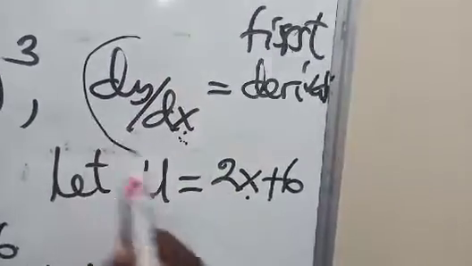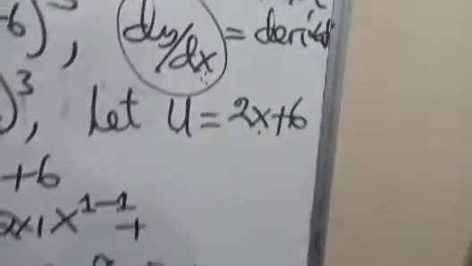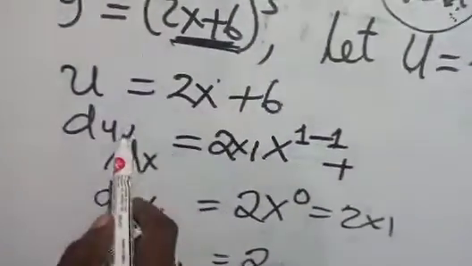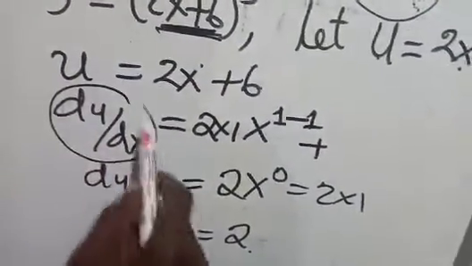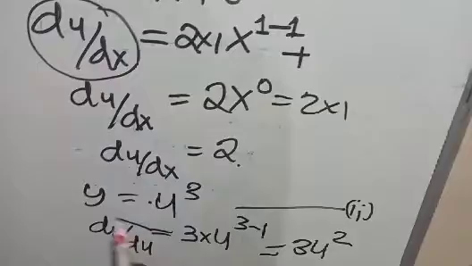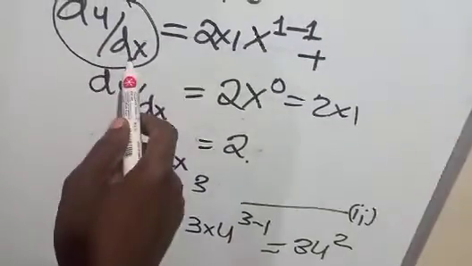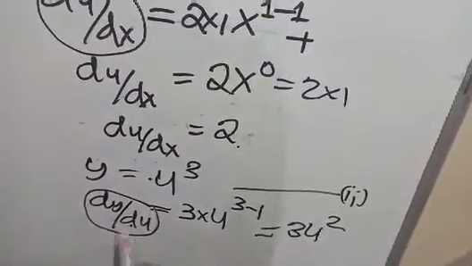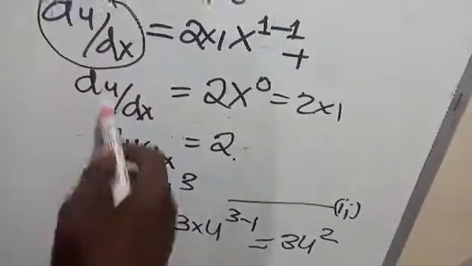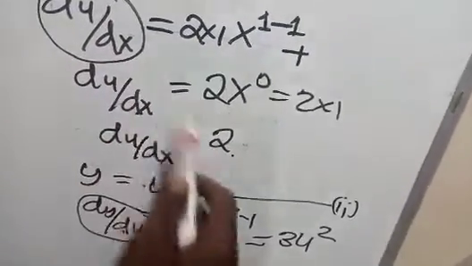So in order to get dy/dx, we have to use this one and this one. When you take this one times this, it means that du and du will be cancelled out. Then we will get dy/dx.